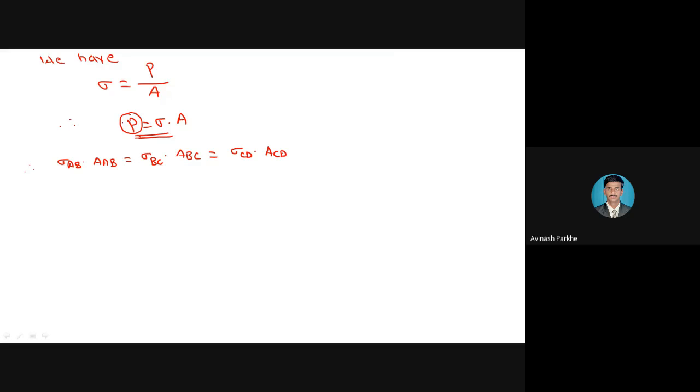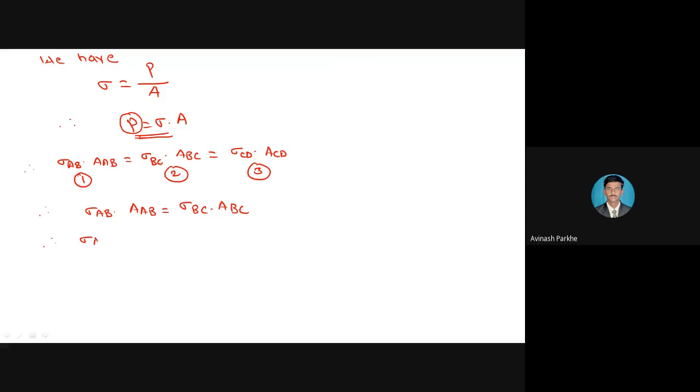Whatever force we consider for the deformation calculation, the same force we consider for section 1, section 2, section 3. Therefore, sigma of AB into area of AB is equal to sigma of BC into area of BC. I will not write section number 3 because section 1 and section 3 are similar to each other.